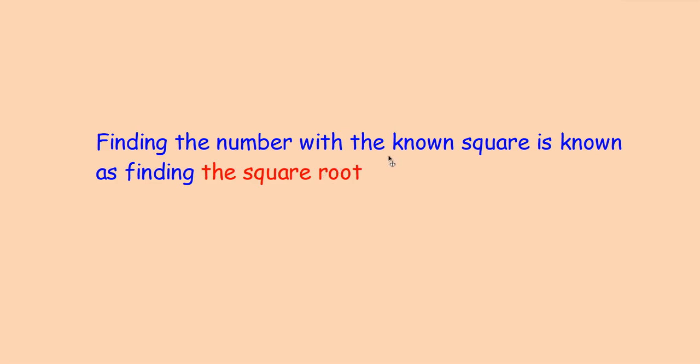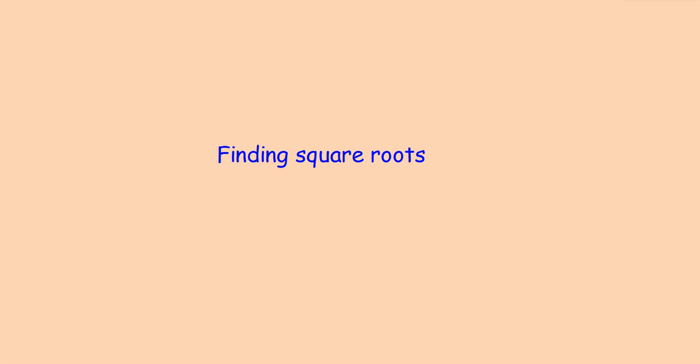Finding the number whose square is the given number is known as finding the square root. Now let me discuss finding square roots. You know 1 square is equal to 1, 2 square is equal to 4, 3 square is equal to 9. Since 1 square is equal to 1, we can say square root of 1 is 1.